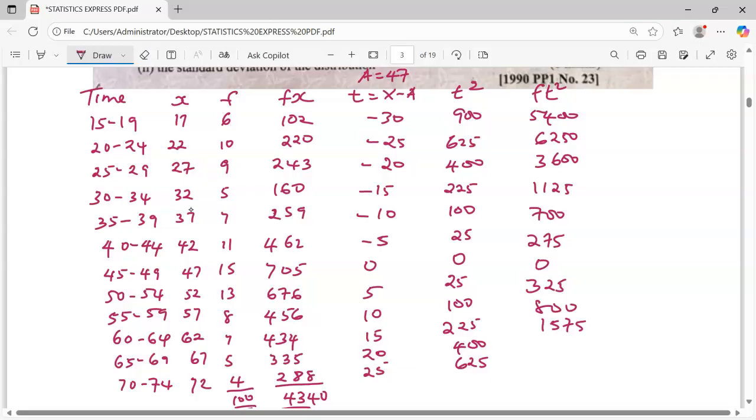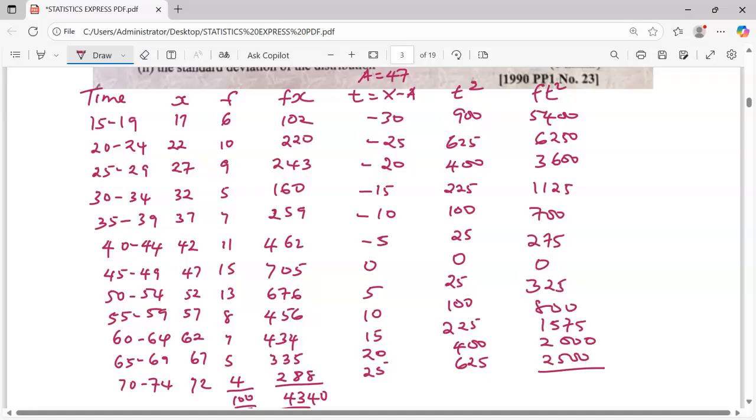After 1575, we are going to have 2000, which is 5 times 400. And lastly, we have 4 times 625, which will give us 2500.